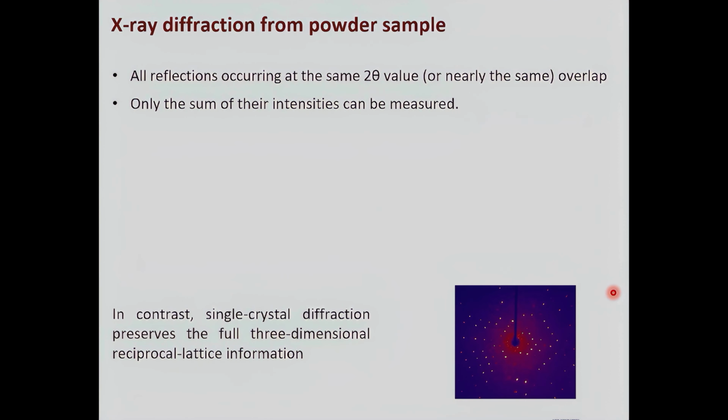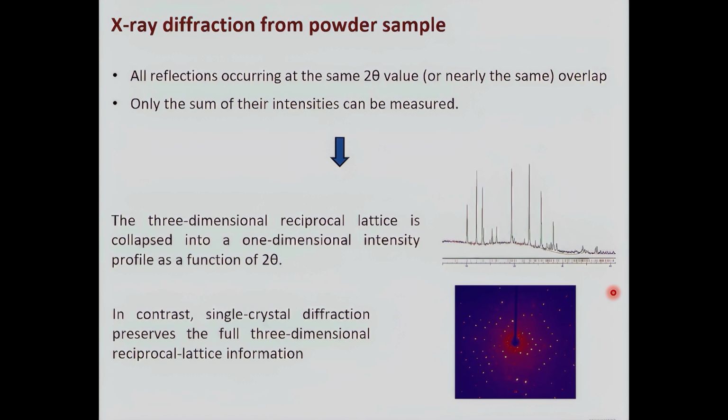But what is the problem? The problem is that in the case of powder, each peak doesn't have only one contribution coming from one reflection. We have contributions from all reflections that are at the same 2 theta angle and in that moment satisfy, I repeat, Bragg's law.